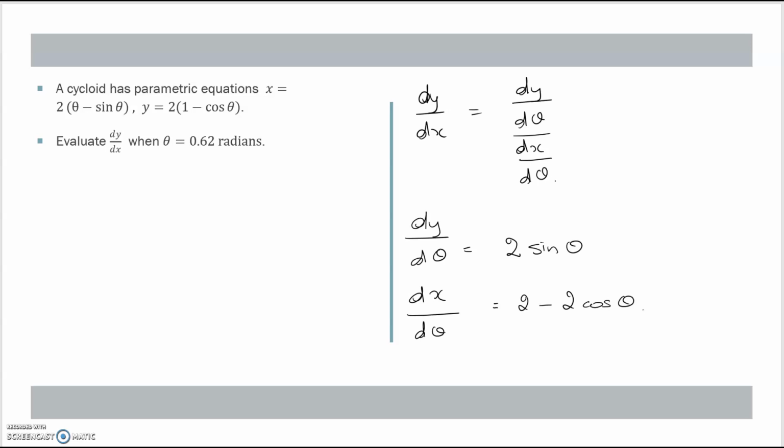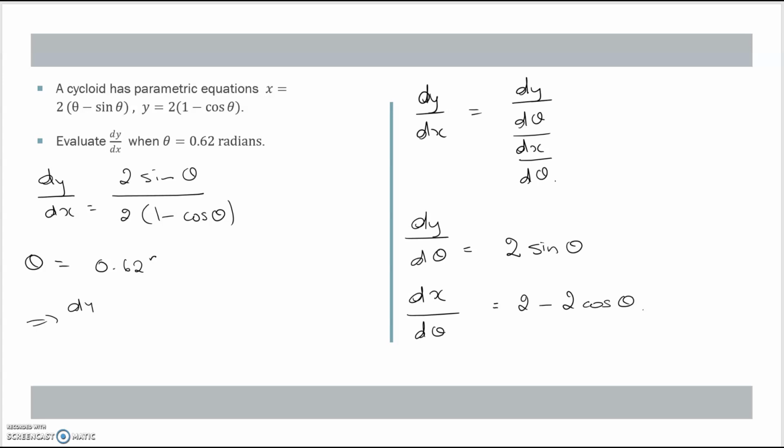So then we have that dy by dx is equal to 2 sine theta over 2, take the common denominator out, because then I could cancel if I wanted to. Otherwise, since you are using your calculator, it doesn't really matter.